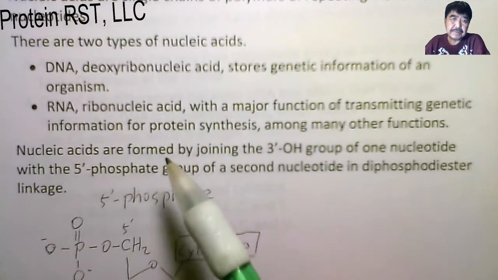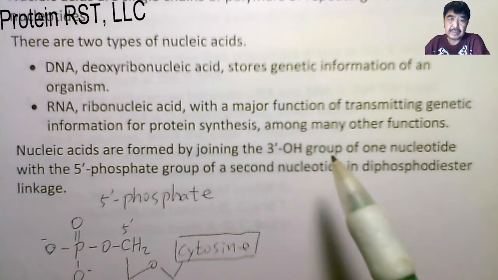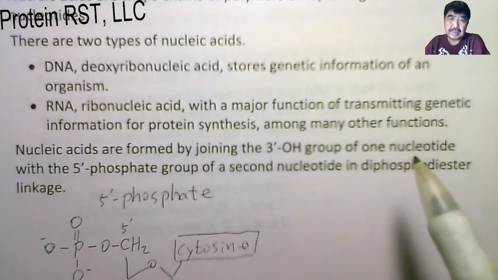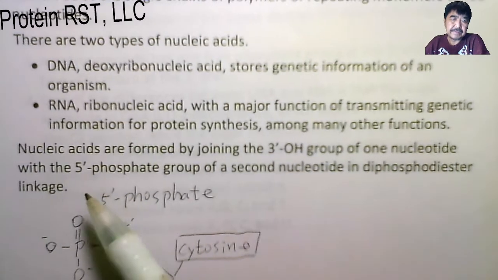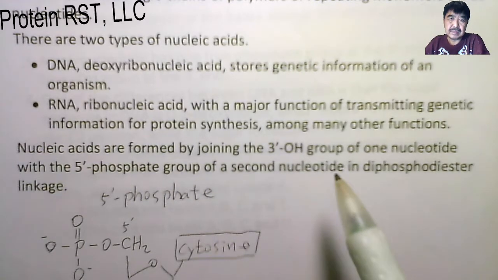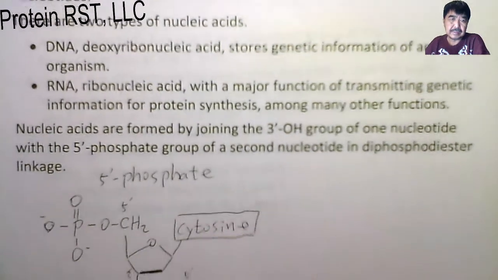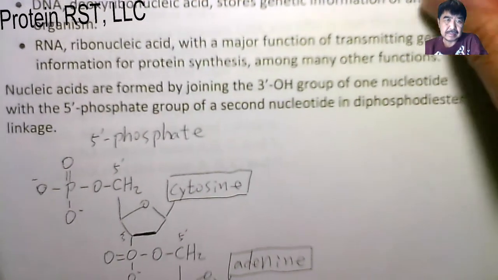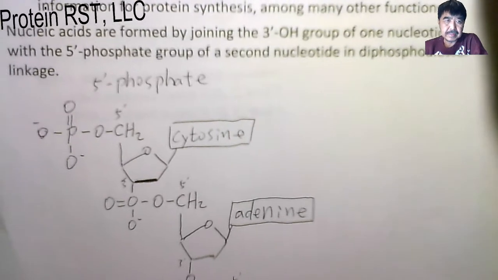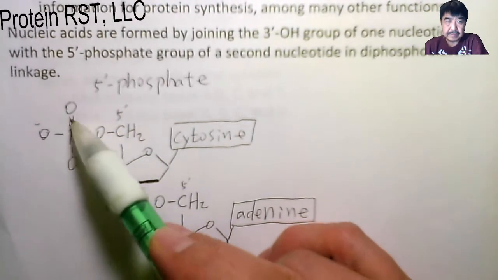Nucleic acids are formed by joining the 3' hydroxy group of one nucleotide with the 5' phosphate group of the second nucleotide in a phosphodiester linkage. This is how it is polymerized. This is the 5' end and has a phosphate group.